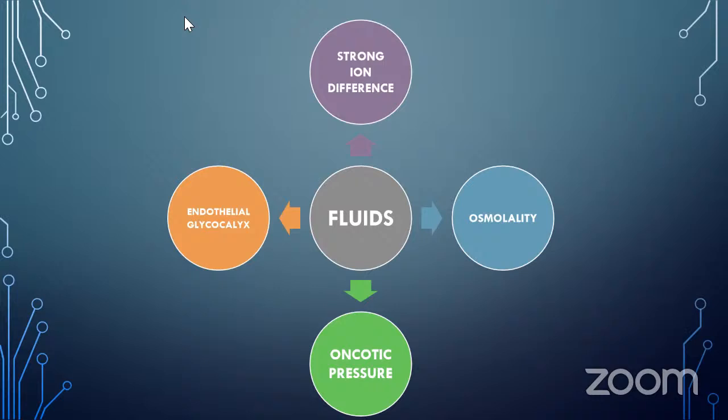One thing is osmolarity. Second thing is the amount of oncotic pressure it's influencing over the endothelium. And third thing is the endothelial glycocalyx. What amount of damage is it causing to the endothelial glycocalyx, leading to the extravasation of fluid into the interstitial space. And what is the strong ion difference?